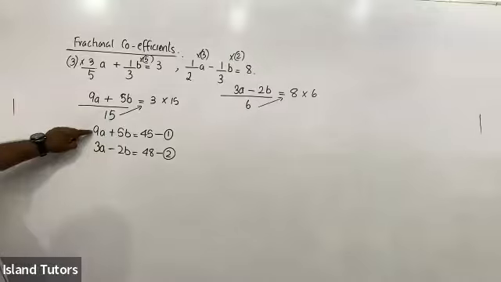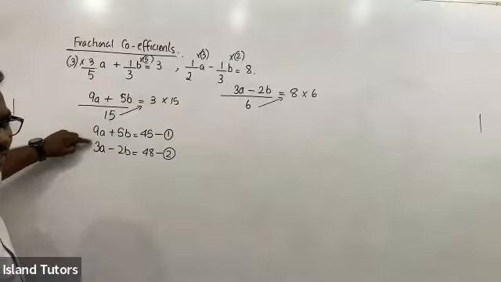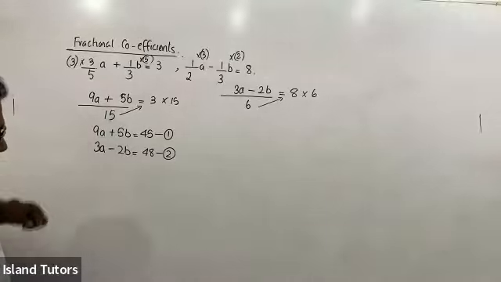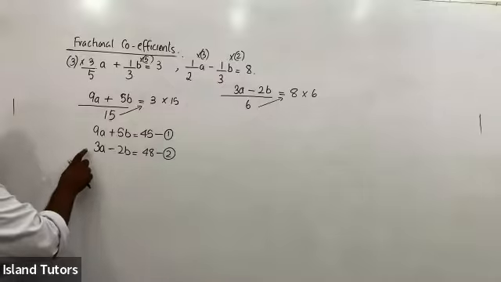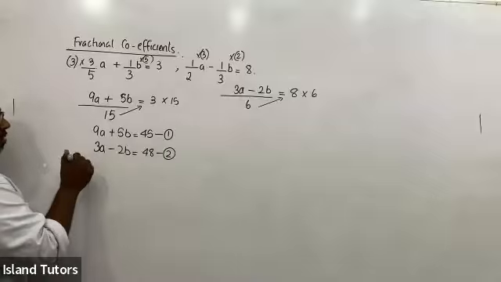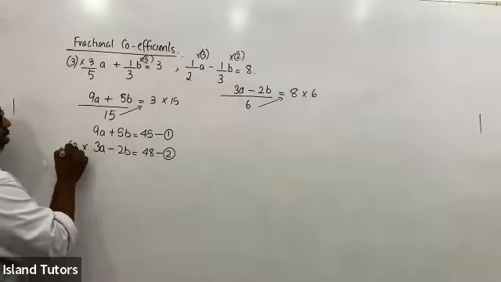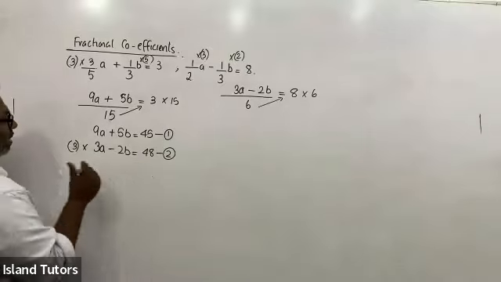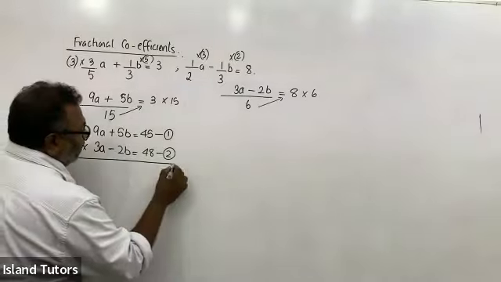So the easy one is 9 and 3. What is your lowest common multiple for 9 and 3? 9. So it is easier to just multiply this equation by 3 and make the coefficients same. So you're going to multiply the second equation by 3.